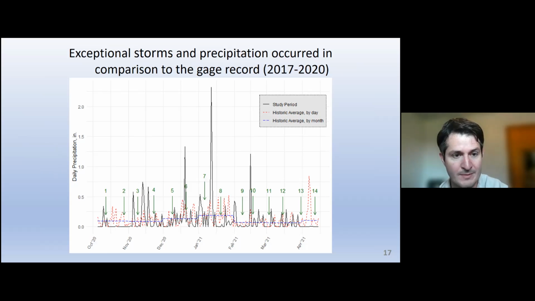This shows the daily precipitation results in the black line, and the 14 rain events that I conducted and where they fell between big rain events. The red and blue lines are just daily and monthly averages from the record. But there were some pretty big rain events during my study period.